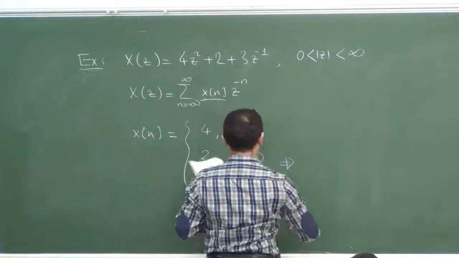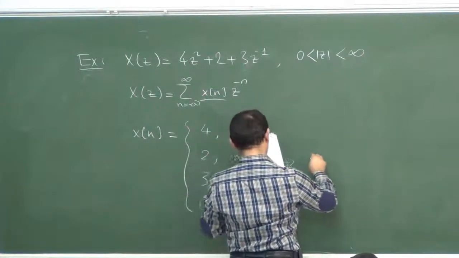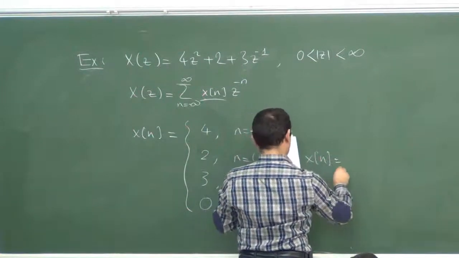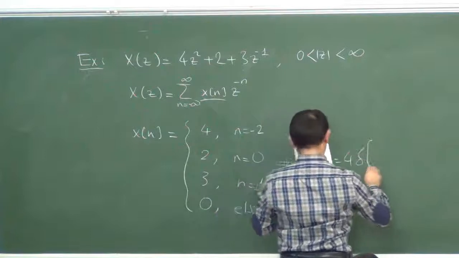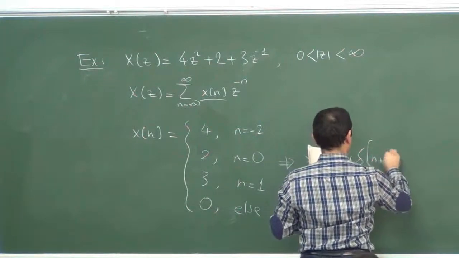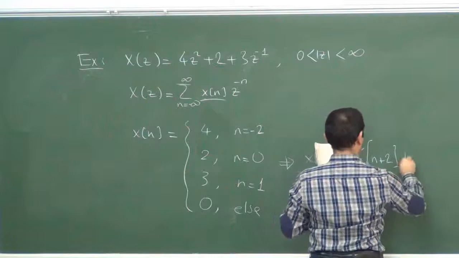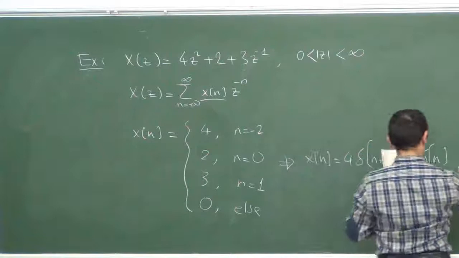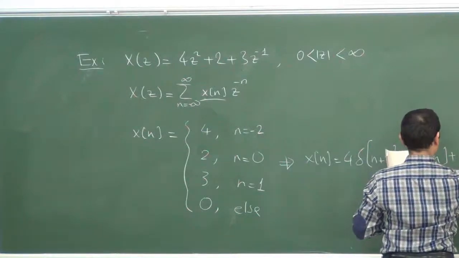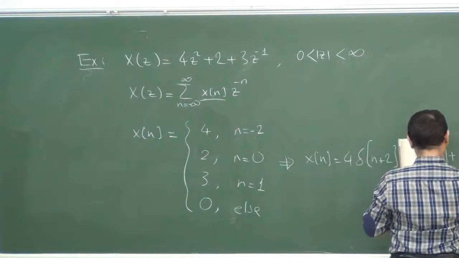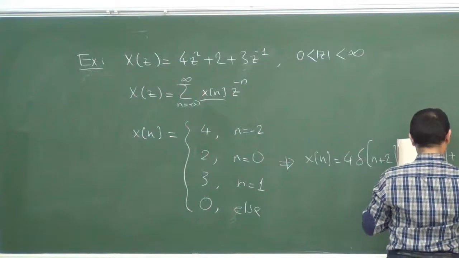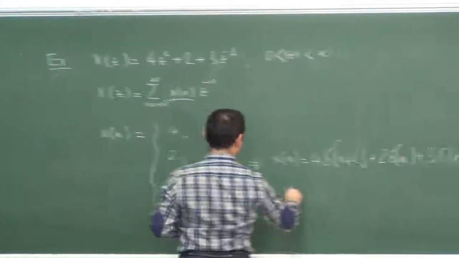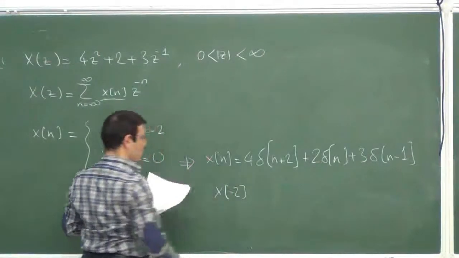So what is, in this case, the inverse z transform of this expression? xn is simply 4 times delta n plus 2, plus 2 times delta n, this is for x0, and 3 times delta n minus 1. So it is very simple. In this case, what about x of minus 2?